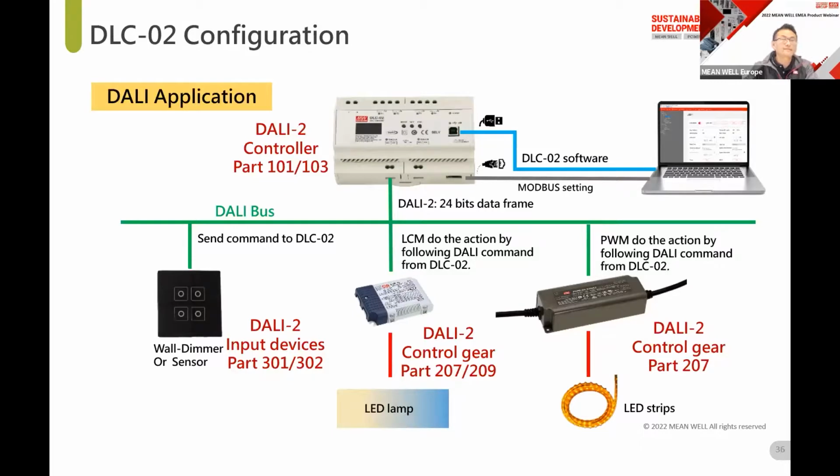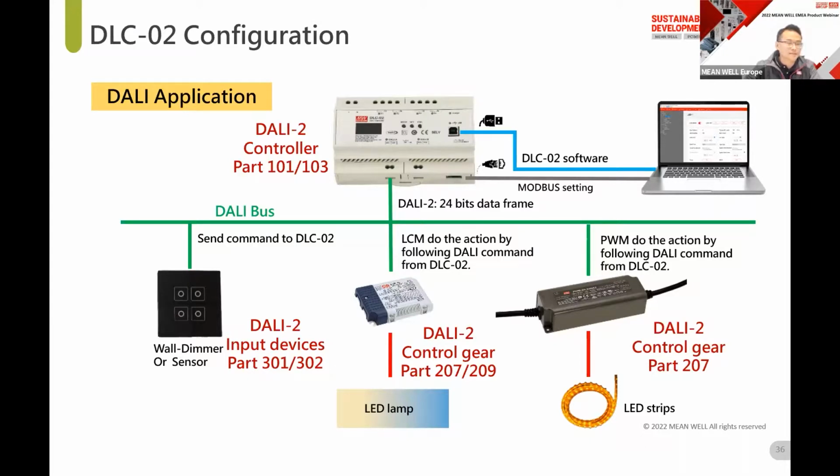The basic configuration is as in this diagram. In the beginning, connect a laptop to the DLC to set all the parameters with the DLC02 software. The DLC software is provided by Minwell and can be downloaded from our website. For example, we want to use this black wall dimmer to control the LCM and the PWM LED drivers.